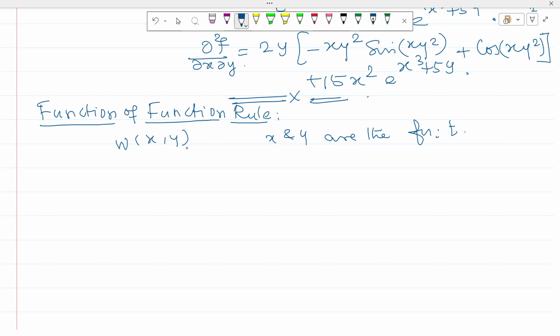So w is the function of x and y, and then x and y are the function of t. Then you can write that w is the function of x comma y, x is the function of t, and y is also some function.